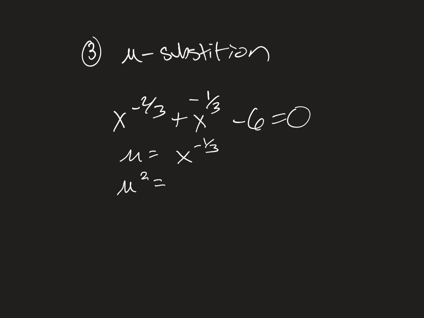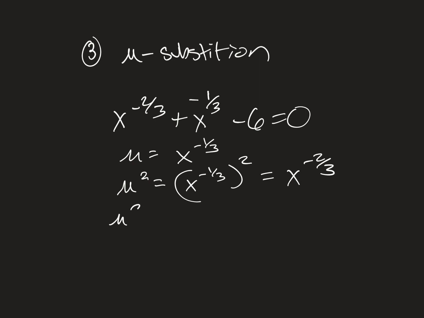In other words, I should get x to the negative 2/3, because I want to rewrite all the variables in terms of U. And so if I square x to the negative 1/3, I'm getting x to the negative 2/3, which is perfect. Because if I had started with x to the negative 2/3 as U, if I squared it, I'd get x to the negative 4/3, which is not helping me with x to the negative 1/3. All right, so I've got my U right.